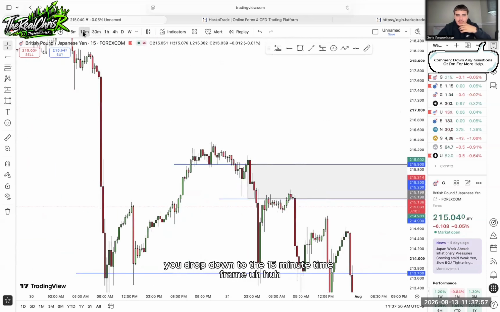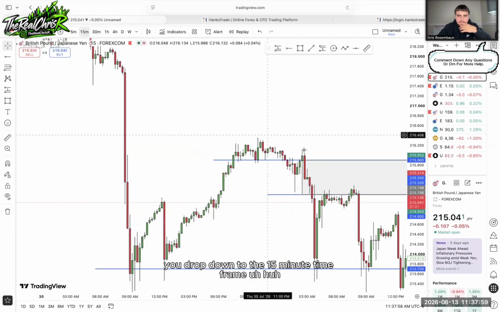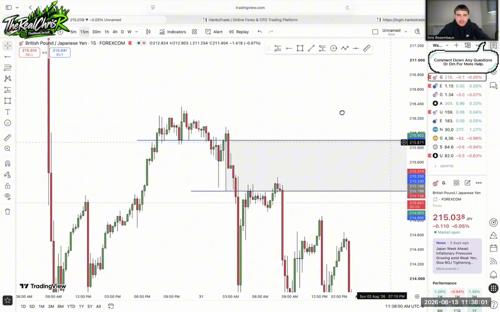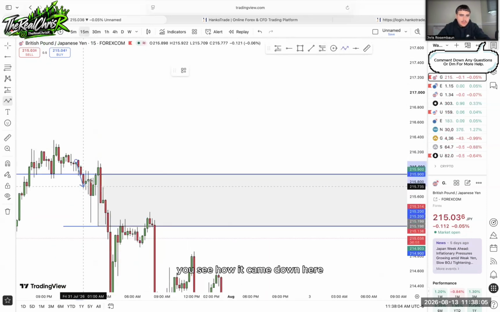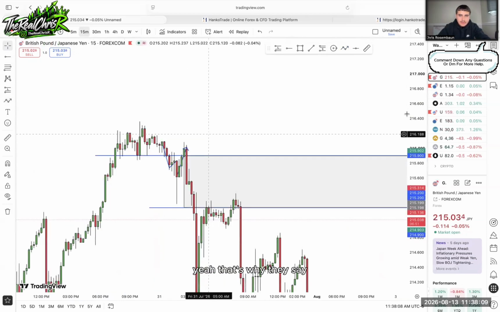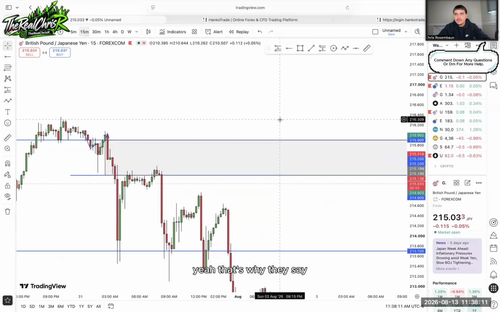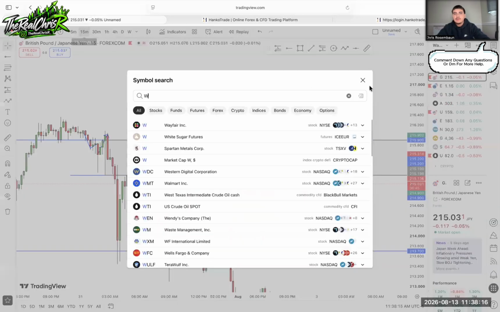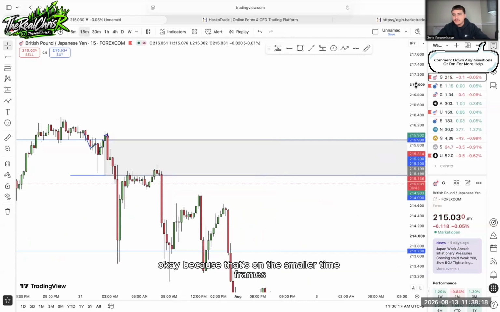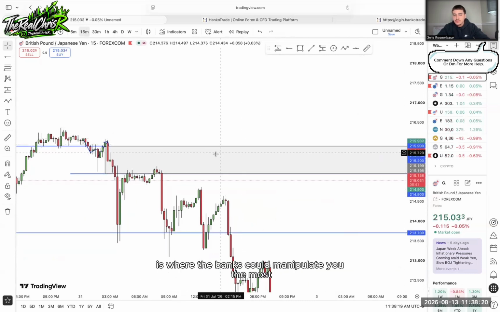You drop down to the 15-minute time frame. You see how it came down here, and then broke structure to the upside. That's why they say don't sit on the 5-minute chart or the 15-minute chart, because on the smaller time frames is where the banks could manipulate you the most and they could trick you.